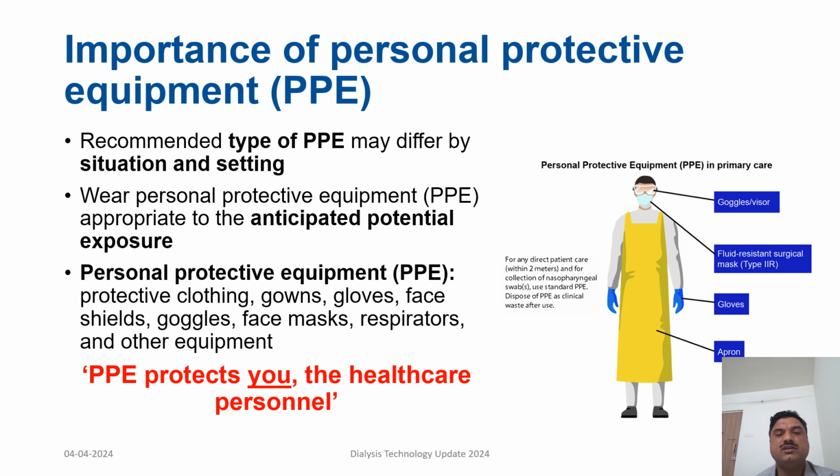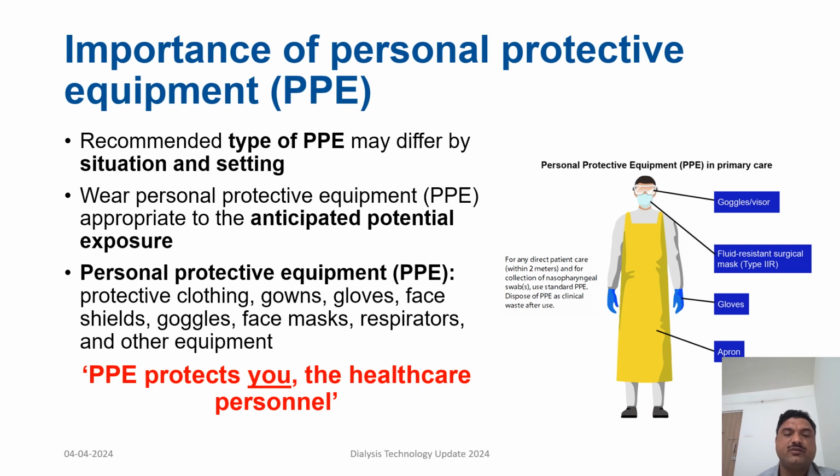Now coming on to personal protective equipment as a standard precaution measure. Personal protective equipment differs by the situation and setting a person is going to work in. So it depends on the anticipated potential exposure that a dialysis technician or any healthcare person is going to get exposed to, based on which the personal protective equipment should be chosen.